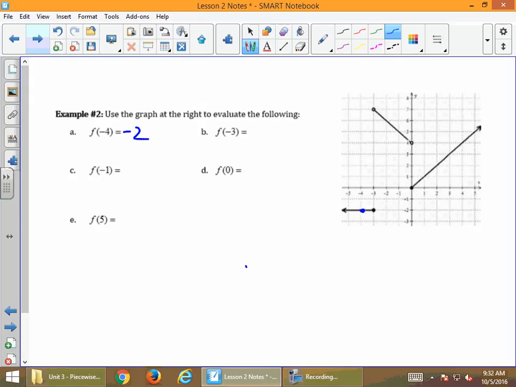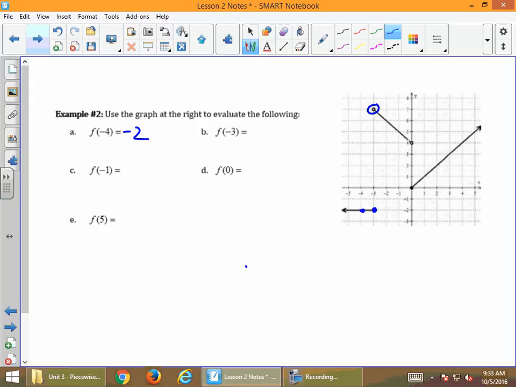F of -3, if you go to -3, which graph are you going to go to? Are you going to go up or are you going to go down? Why are you going down? Yeah. Good. If you go up, that's an open circle. We can't use open circles. So you have to go to the graph that has the closed circle.